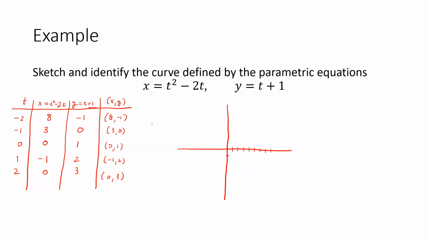Starting with the point at t equals negative 2, at 8, negative 1, and then at t equals negative 1 we had 3, 0, and then at t equals 0 we had the point 0, 1, and then at t equals 1 we had the point negative 1, 2, and then when t equals 2, we had the point 0, 3.